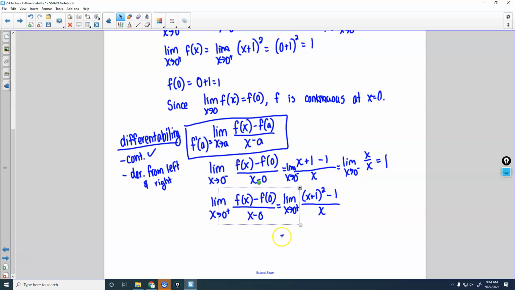Now this one's a little more complicated than the last one. We're going to need to distribute here. So x approaches 0 from the right. We'll get x squared plus 2x plus 1 minus 1 over x.